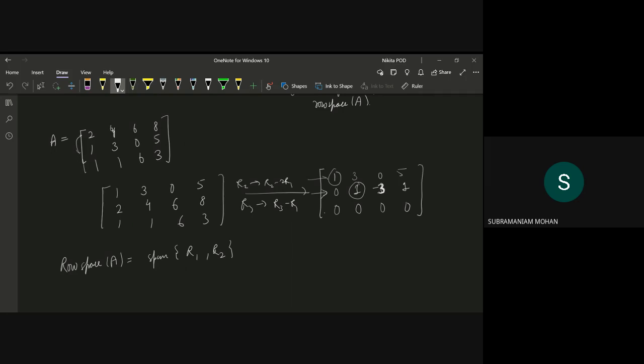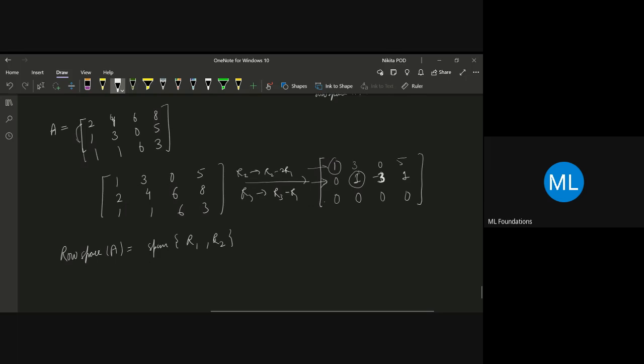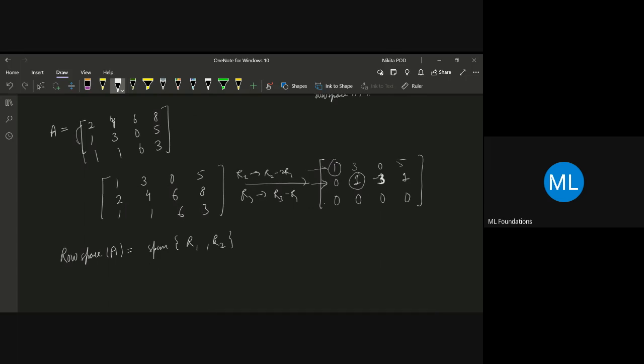Ma'am, I think we need to check the rows too. My row 2 is wrong.